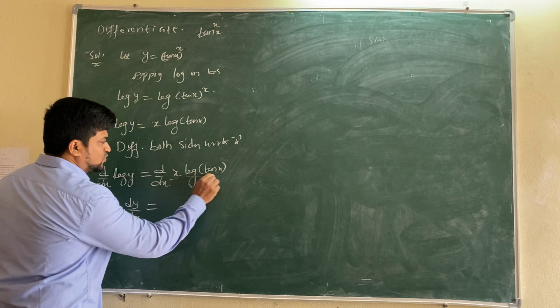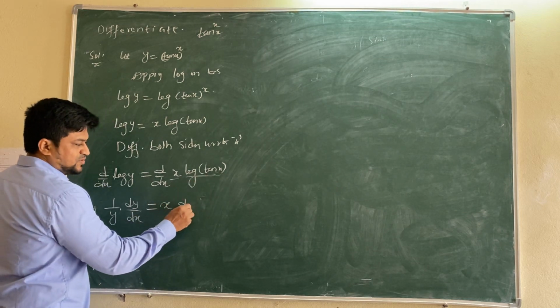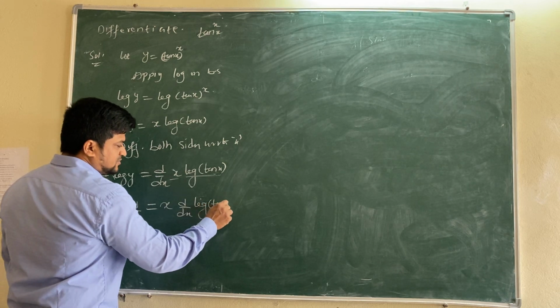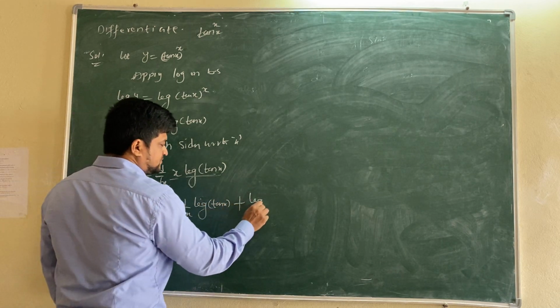This is u and this total thing is v. So u d by dx of v, where v means the whole single term, plus v.